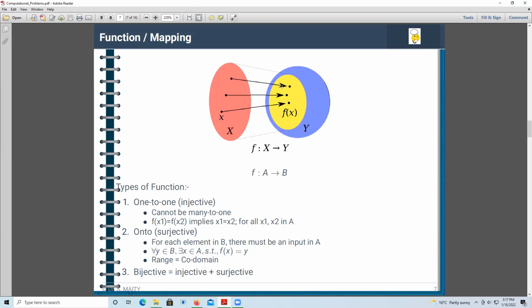So you can get an image for a single element. Similarly, if you have a set of inputs, for example these three values shown here, that means a subset of the domain, then you are getting corresponding values in the codomain.